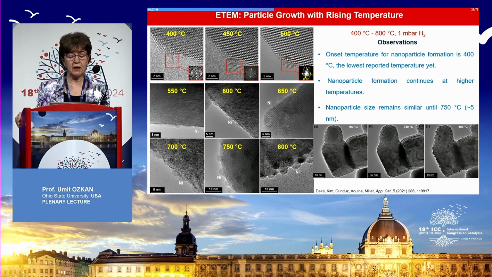And we first see the onset of exsolution at temperatures as low as 400 degrees centigrade. And then nanoparticles continue forming, and the particle size is about constant. And after maybe 750 degrees centigrade, there is some growth in the particle size.